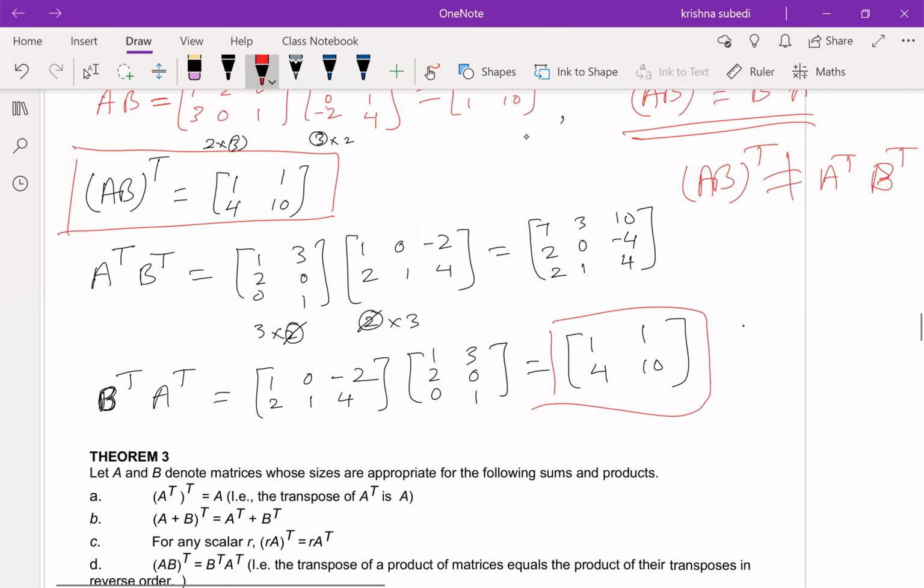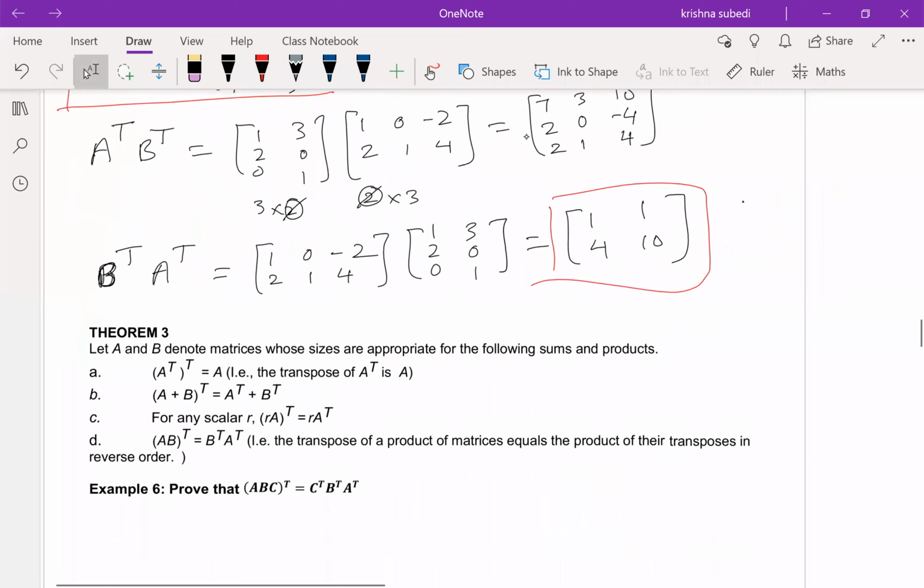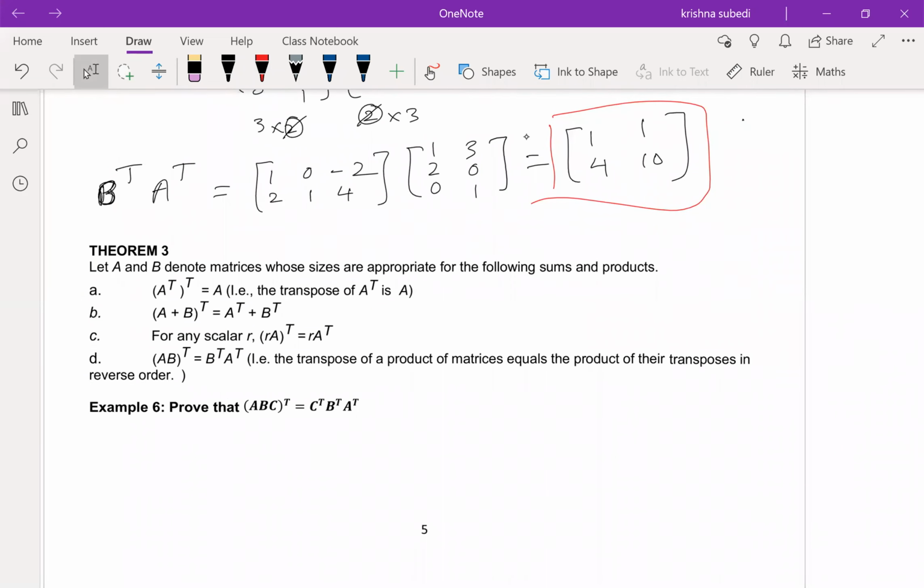In the same way, here is the theorem. Let A and B denote matrices whose sizes are appropriate for the following sums and products. A transpose of transpose will be A. I think that is pretty clear. It's just common sense. A transpose means you switch columns into rows and rows into columns, and here you do the opposite, so you should get the same thing.